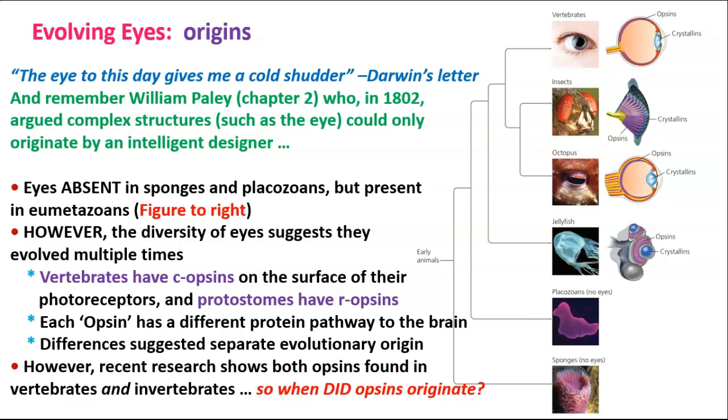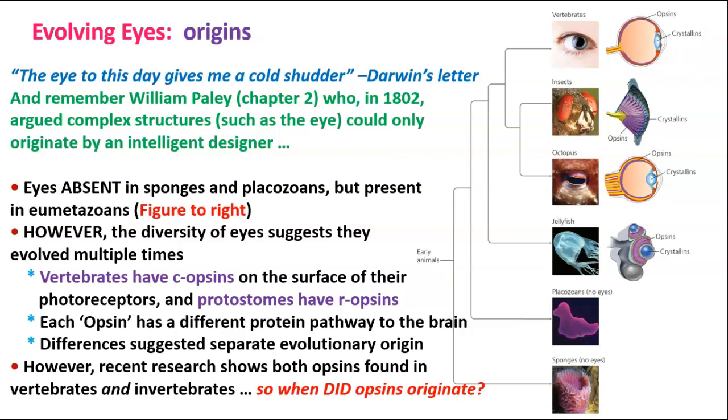Vertebrates have what are called C opsins on the surface of their photoreceptors, and protostomes have a different photoreceptor, R opsins. And each of these opsin proteins has a different protein pathway to the brain. So these differences alone suggest a separate, different evolutionary origin.